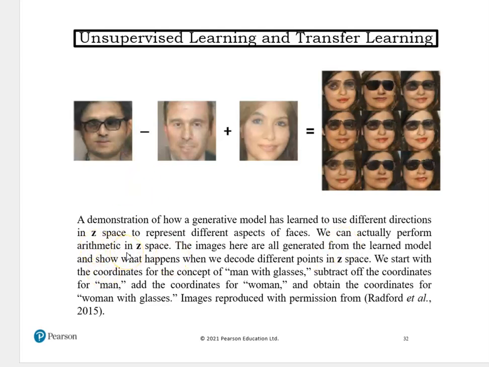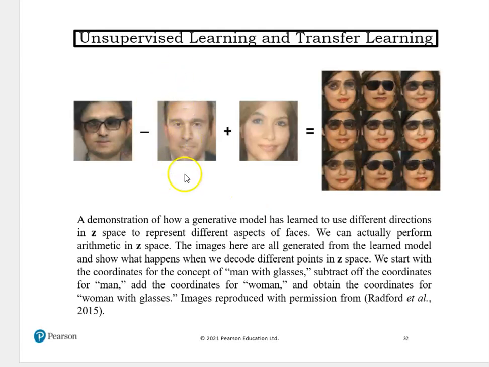Once we have them in the Z space, we can actually perform operations in that Z space. So all these images here on the right are generated from the learned model and show what happens when we decode different points in the Z space. So we start with the coordinates of the concept for a man with glasses. So this has a Z vector representation, and subtract the concept of a man.